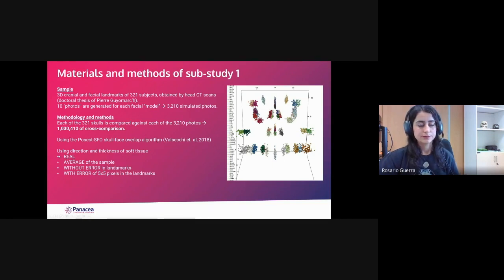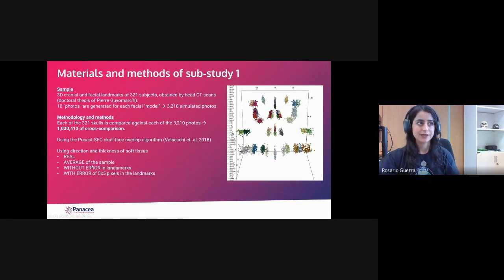We varied things in order to create more realistic conditions. We used the known direction and thickness of soft tissue, but then we introduced error in the landmarks.